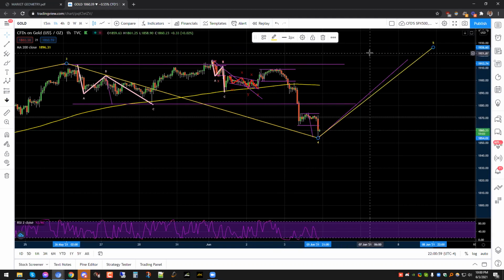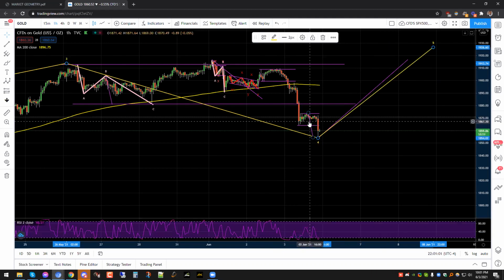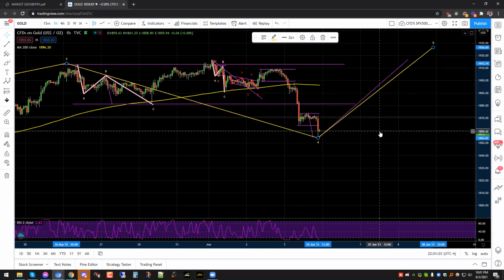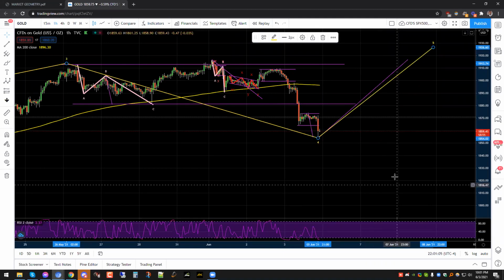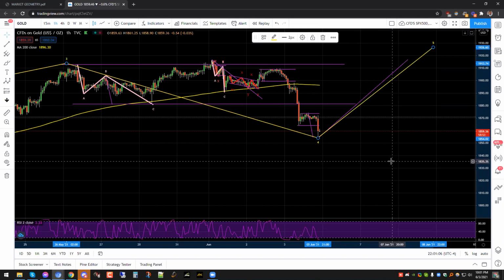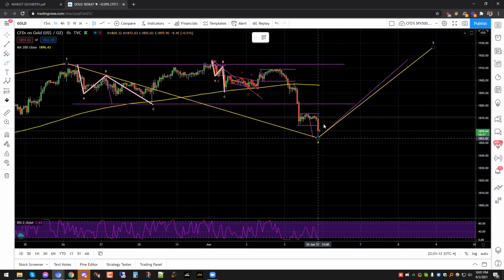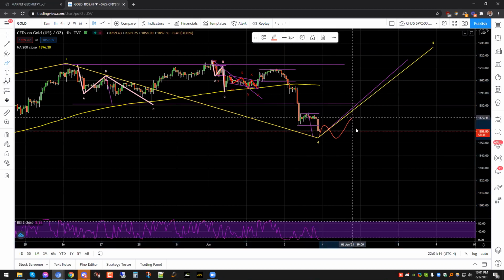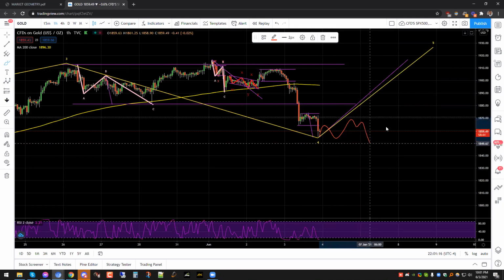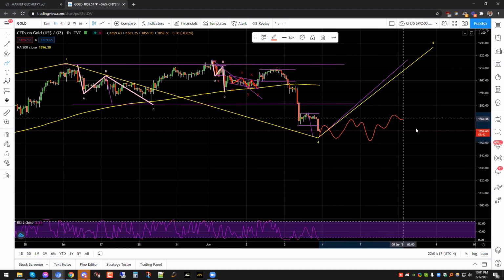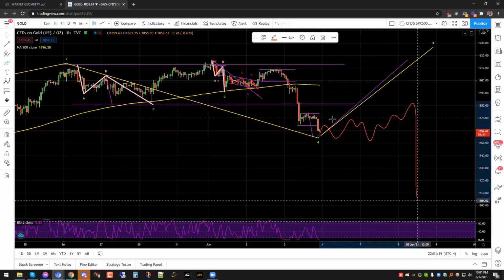Okay? If the price does not go up, it needs to go sideways, giving us an extension of the wave. And if it's going to go sideways, we'll expect something a bit bigger, like some sort of flat like this, and we continue moving down.